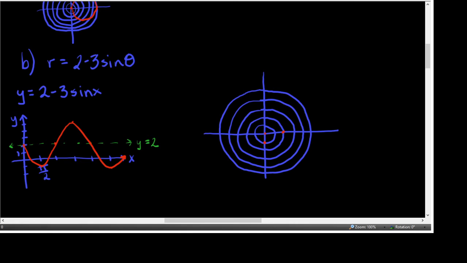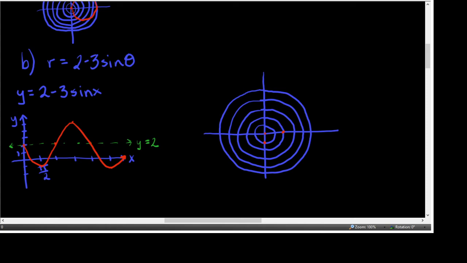Now, to guide our graphing between the very first point we graphed and the one represented by the x-intercept on our rectangular graph, realize that the r values are decreasing. So we're going from 2 to 1.5 to 1 to 0.9 to 0.4 to 0.3, all those numbers.